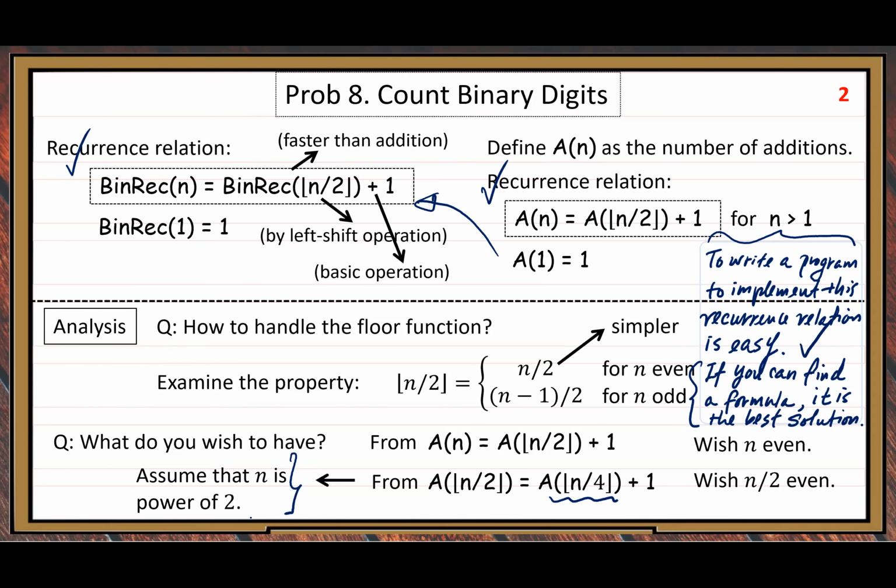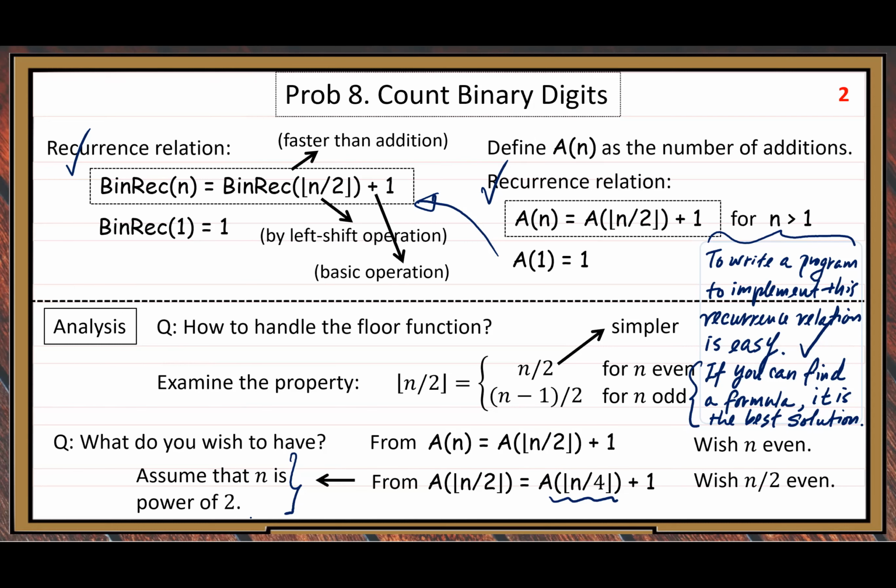Then we can do division by 2 all the way to the bottom without any necessary floor function needed, right? Because when we do division by 2, we have an integer result before we reach 1. When we reach 1, we're already at the bottom, so we don't worry about that. That's the base case, so that's fine.